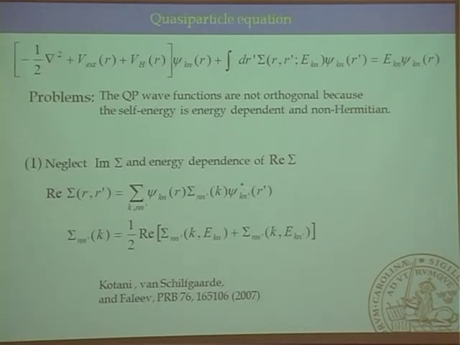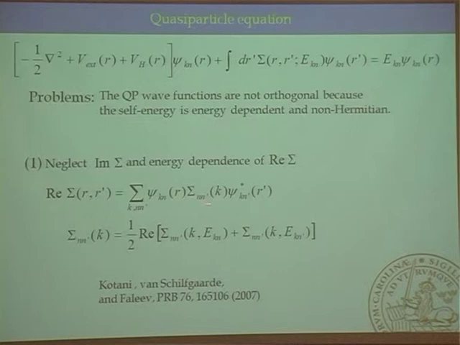And this is a somewhat ad hoc way of finding some approximate self-energy. So first we neglect the imaginary part, so we get a self-energy of this form. You can write this self-energy in terms of the Bloch states. This is just a mathematical expansion.